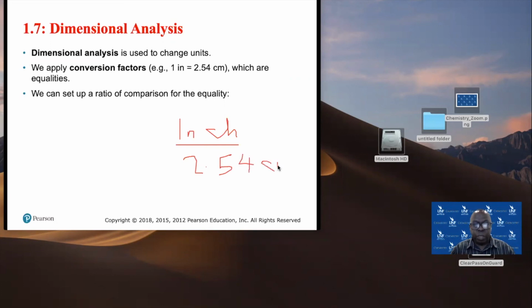This is something you'll have to generate if given an equivalent statement. If you are given this in an exam, you have to generate a conversion factor so that you change a given unit of measurement from unit 1 to unit 2.